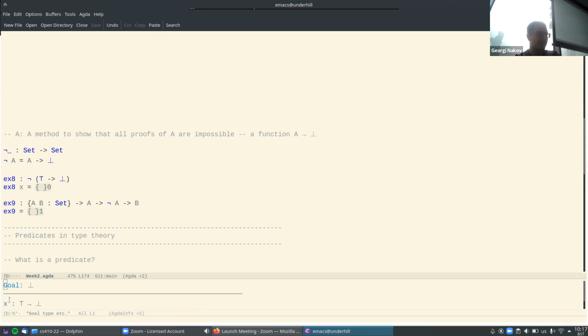So now we have a function that can produce a value of the empty type, so we can just apply it. And the argument we should supply is the value of the unit type. And as we discussed, we can be very lazy and just ask Agda to fill that for us, because we know that there is only one possible value.